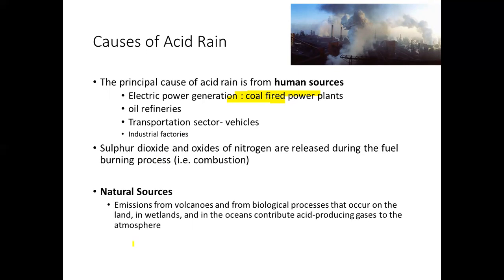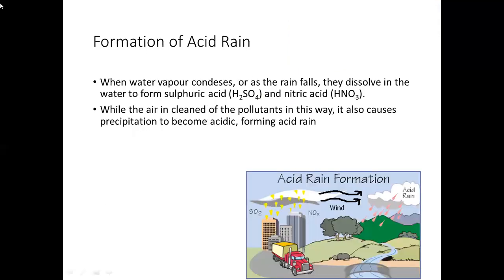So during the combustion process, oxides of sulfur and oxides of nitrogen are released. And natural sources are also available. Now all of you know that when water vapor condenses, as in rainfall, these gases dissolve in the water to form sulfuric acid and nitric acid.